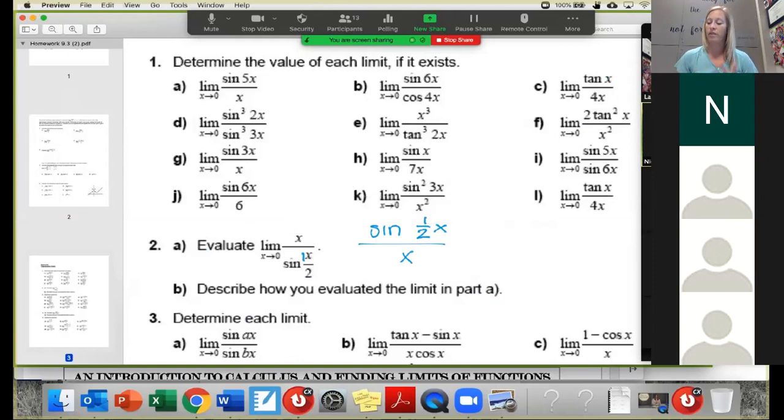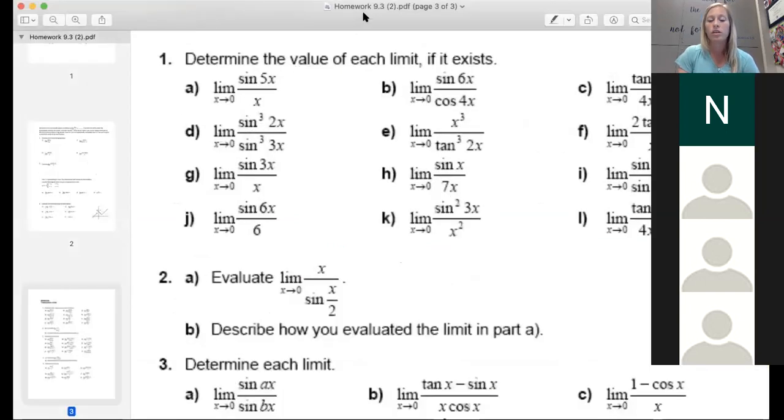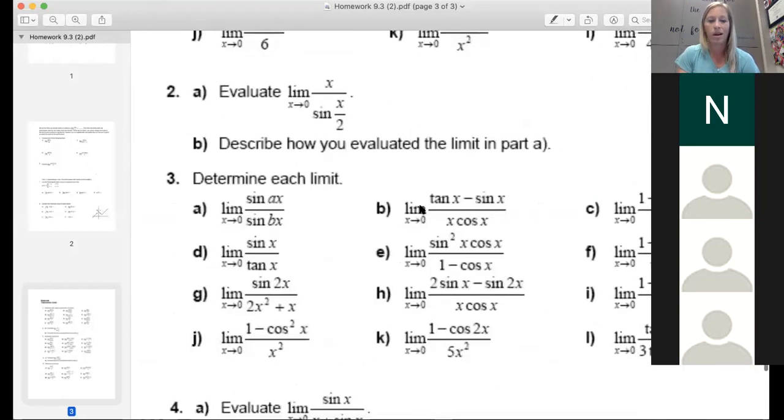So if we have the flipped version of that, what would be the answer to this? The reciprocal is just 2. There are ways to do that, but I wouldn't really want to, honestly. You could use a calculator for that if you wanted to on that one.